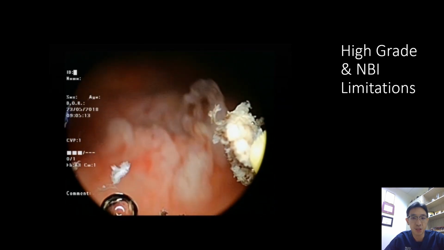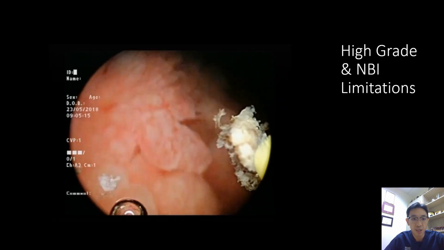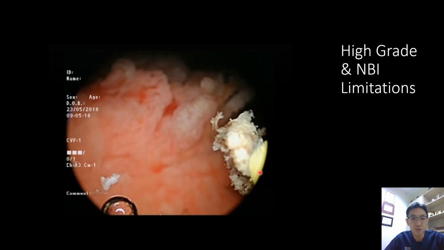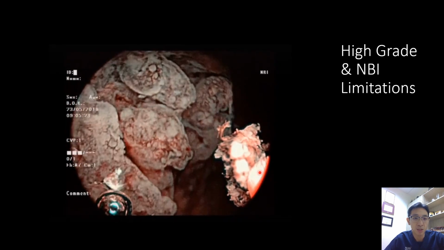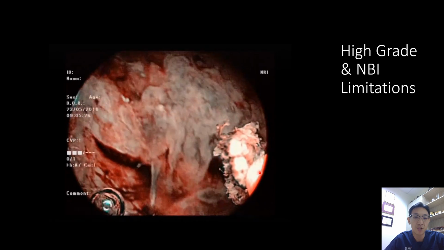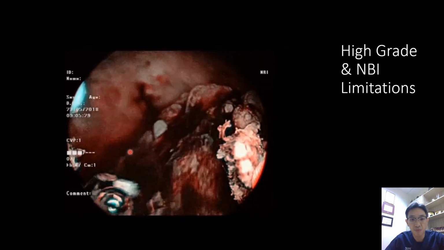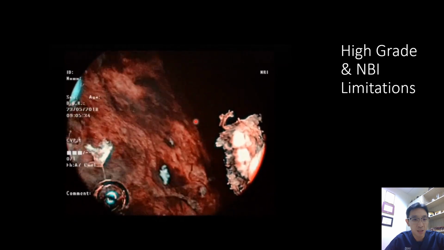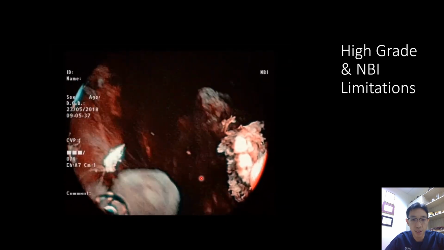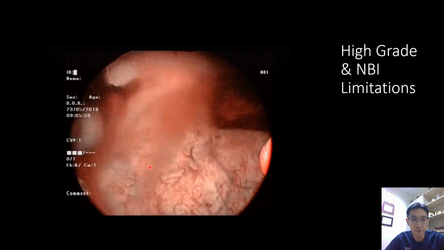What are the limitations? Now this is obvious in a patient presenting with gross hematuria. We are going in there to do a cystodiathermy, stop the bleeding, obviously needing to do a TURBT. You see multiple extensive nodular tumors, evidence of bleeding. The tumor looks obviously high grade.